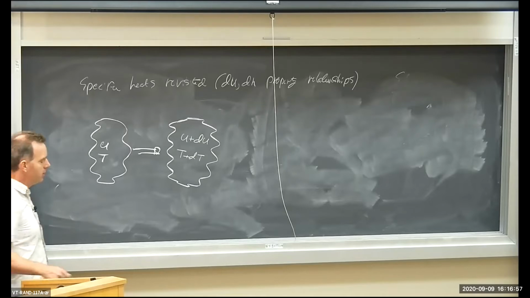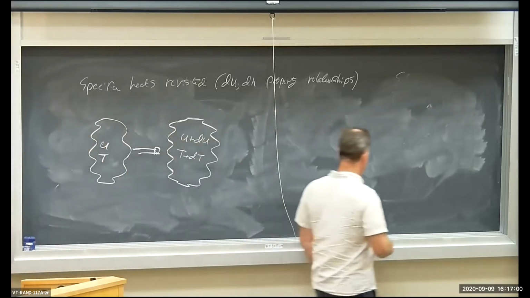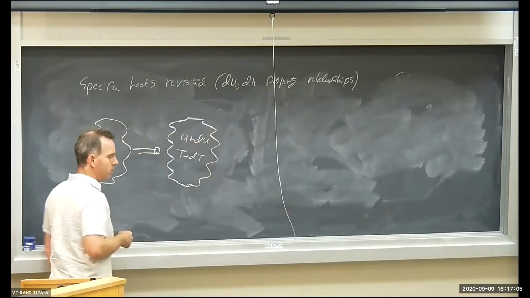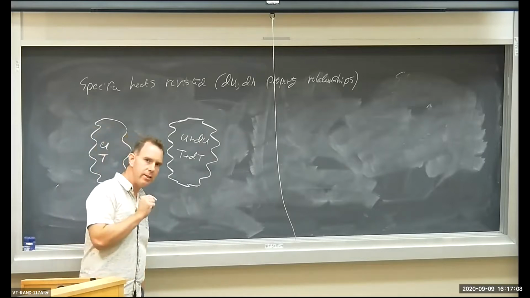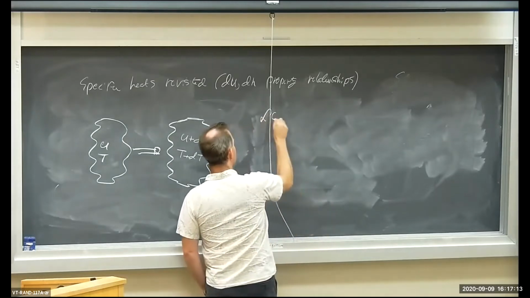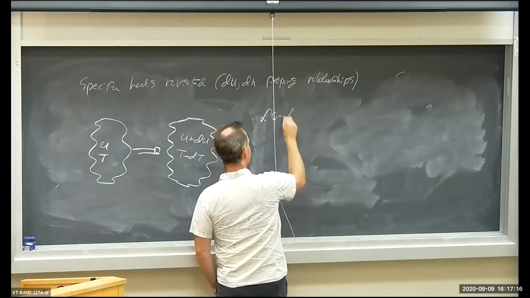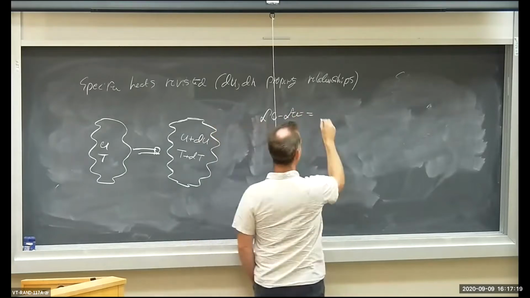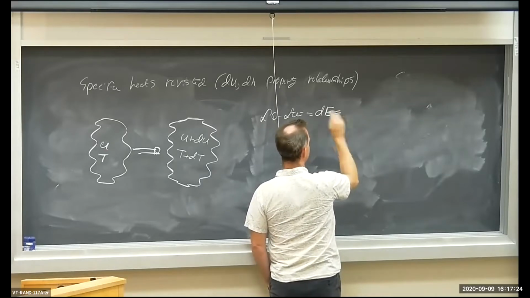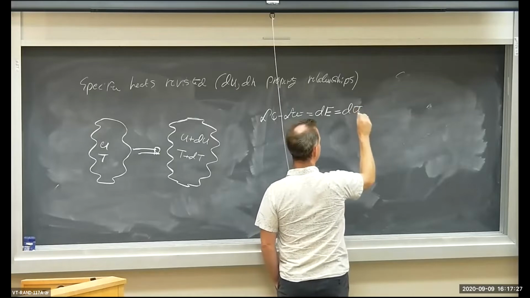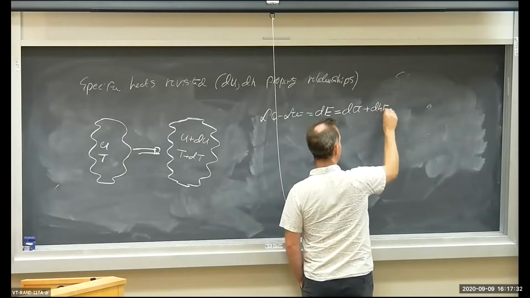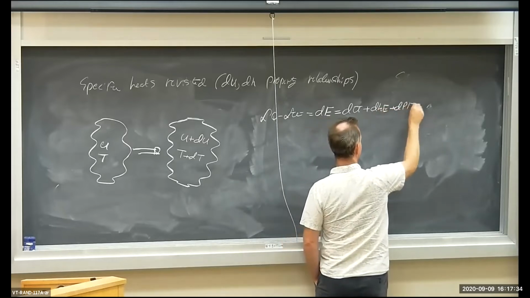Let us write the energy balance for this system. It's a differential process, so let's write the differential energy balance. Del Q minus del W is equal to the differential change in energy, which is equal to the differential change in internal energy, plus the differential change in kinetic energy, plus the differential change in potential energy.